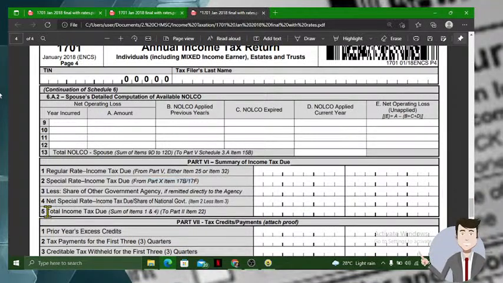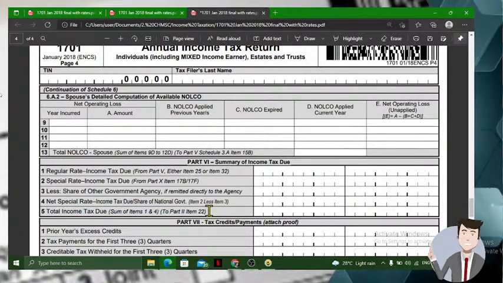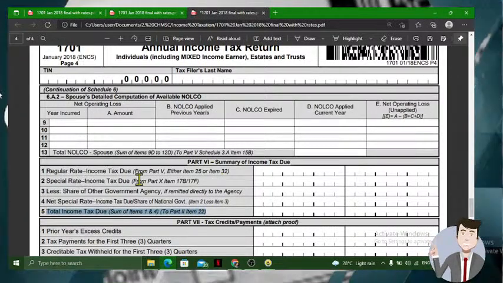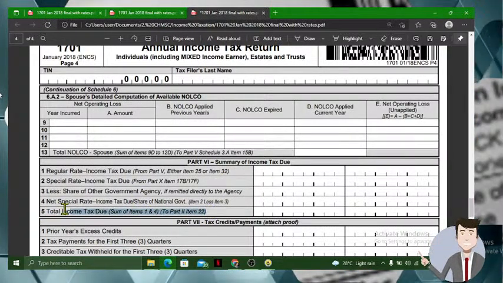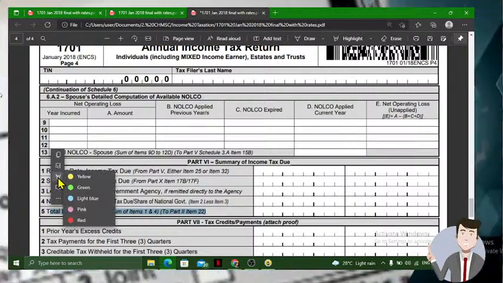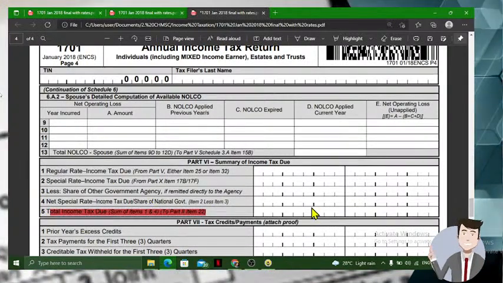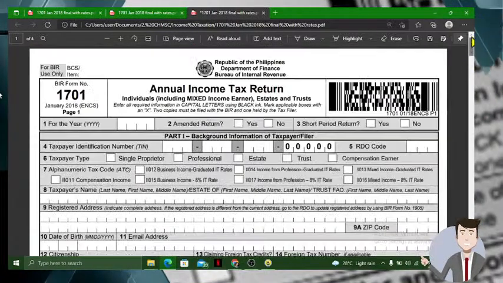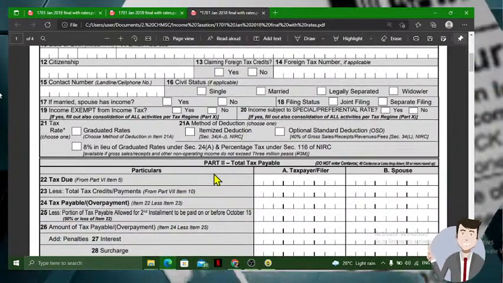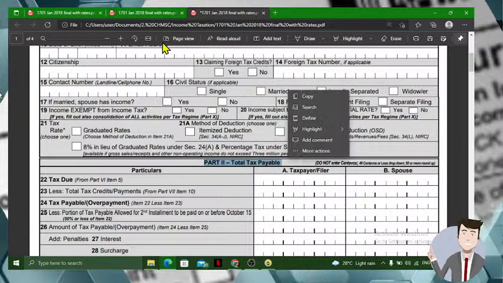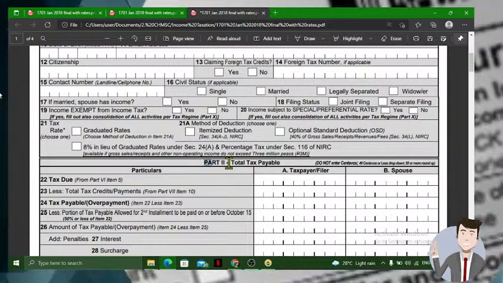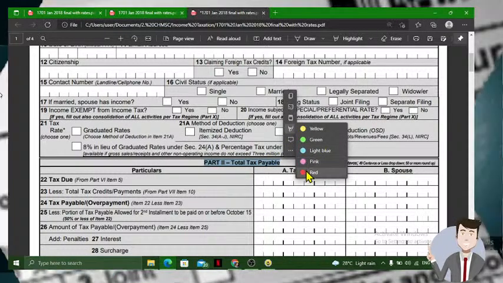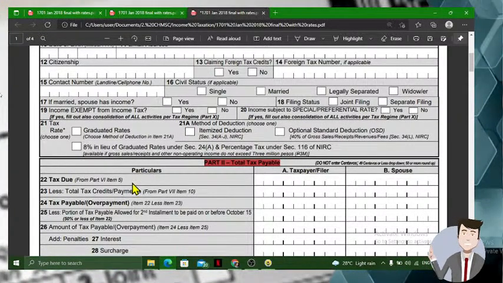Okay, please take note part number 2. Actually, that is ang sa first page. Part number 2. Okay? Item number 22.